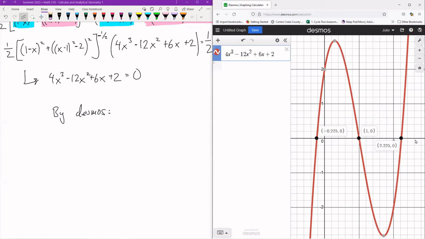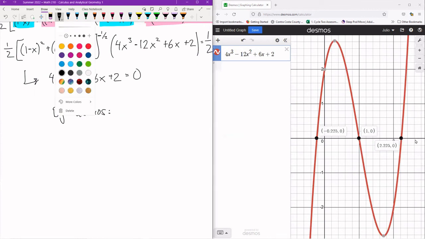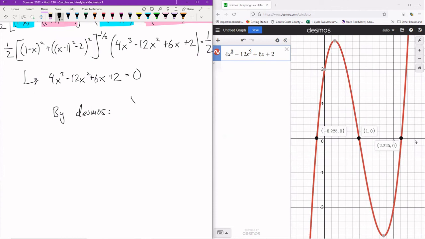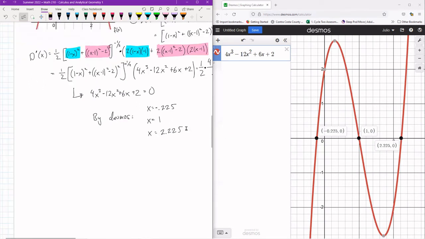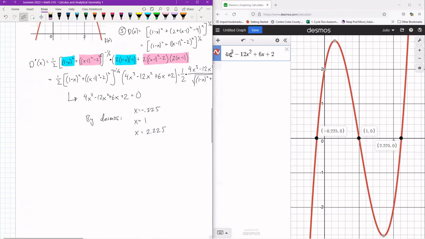So by Desmos, I got x is equal to negative 0.225, x is equal to 1, and x is equal to 2.225. Now I've got my values. I'm going to switch these to A's so I can do a computation with them.